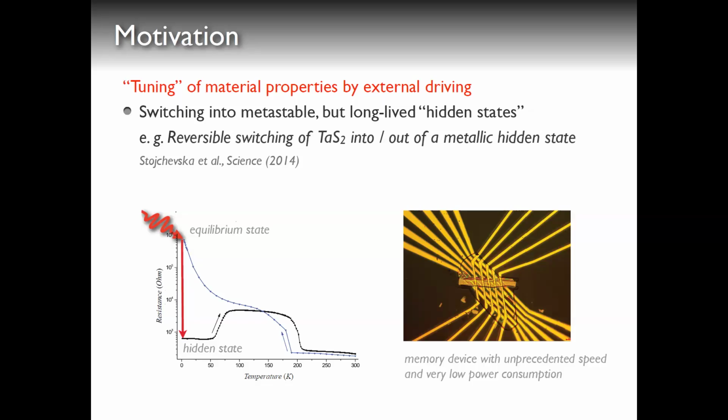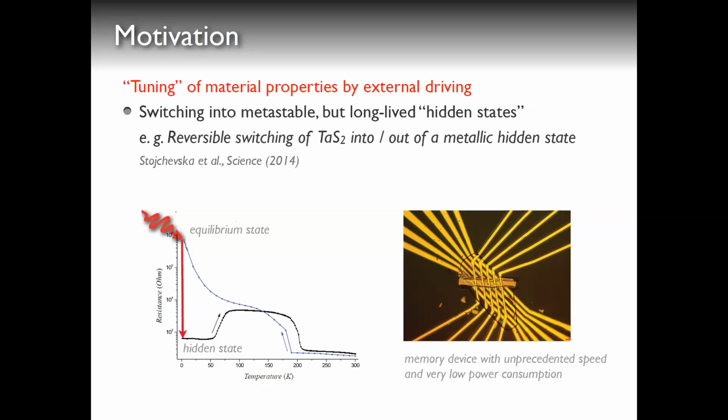But then if one hits this material with a short laser pulse, one can switch it into this metastable metallic state, and then either by heating or applying further laser pulses, one can switch back into the equilibrium high temperature phase. And they have already developed a memory device based on this switching mechanism. And that's an interesting device in the sense that the switching speed is very fast. So this is a 30 femtosecond laser pulse.